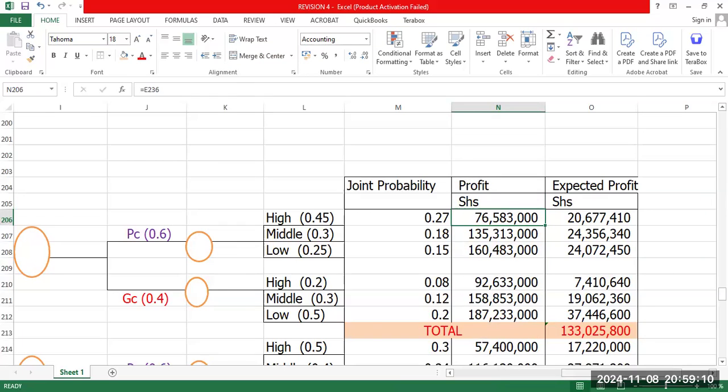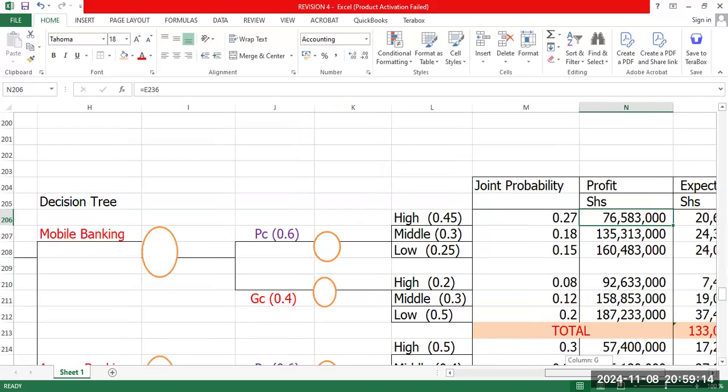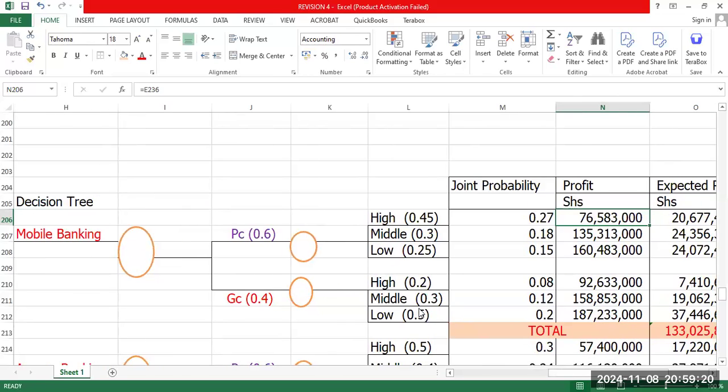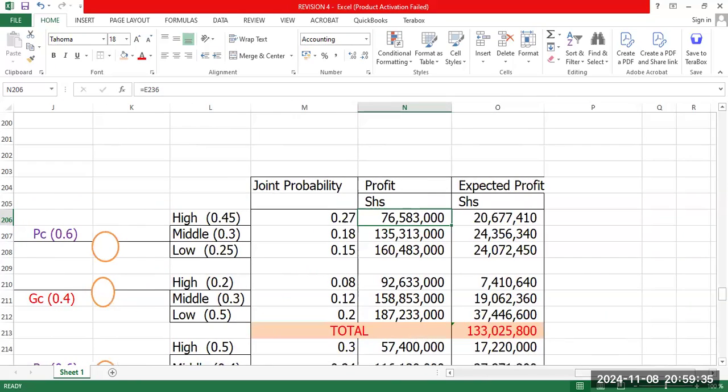So this is mobile banking. Remember, we are identifying minimum payoffs. You introduce mobile banking, then look at your options.